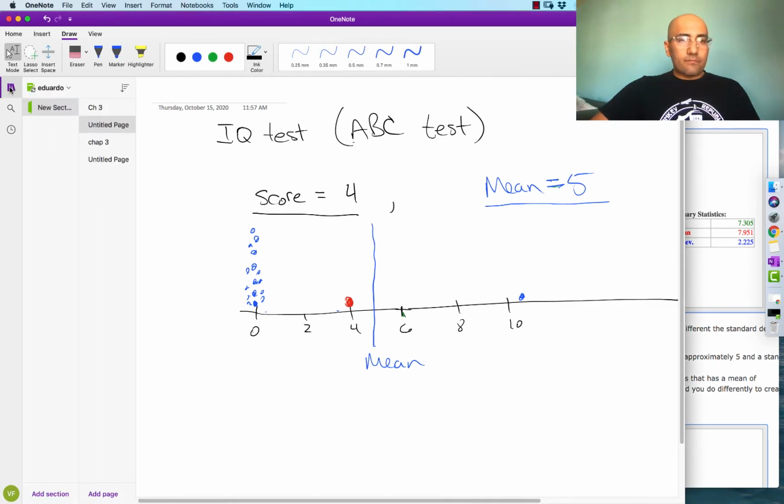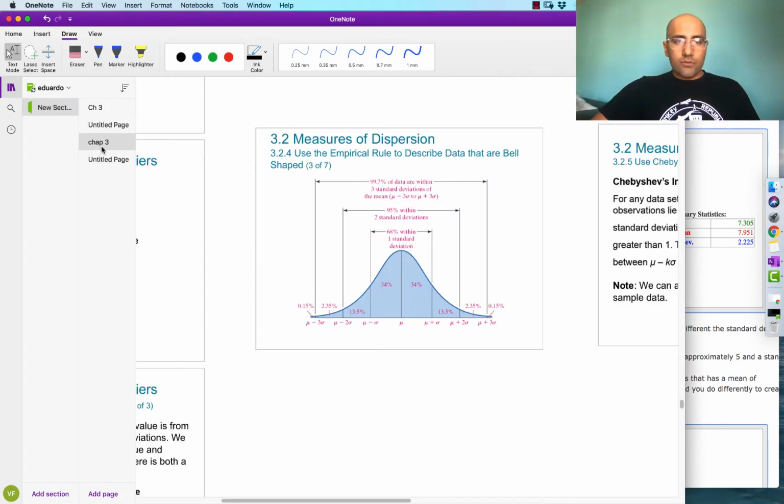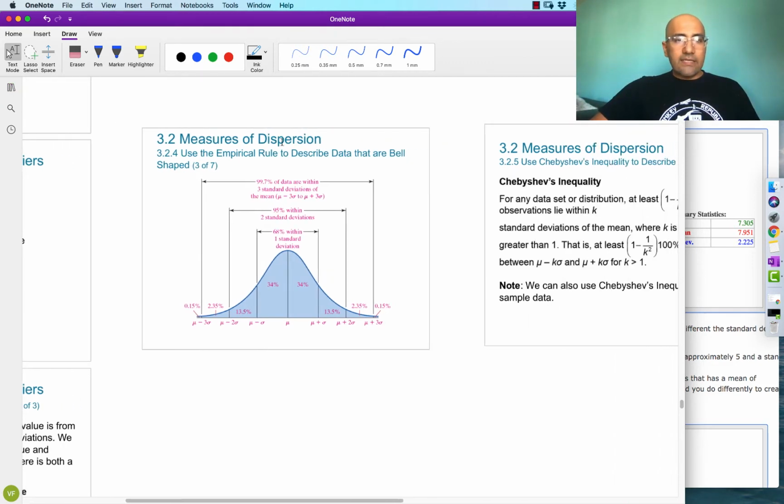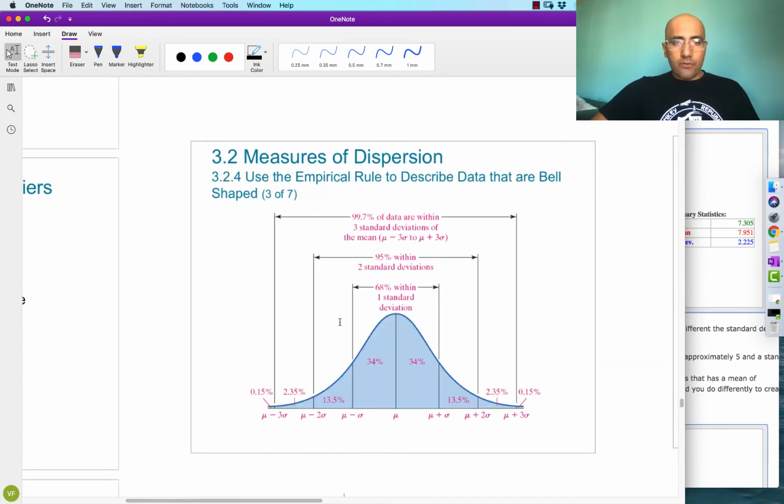So what we're going to do is find the standard deviation of the distribution, and couple that with the idea that we learned in the previous section about the empirical rule. The empirical rule can be hard to imagine.